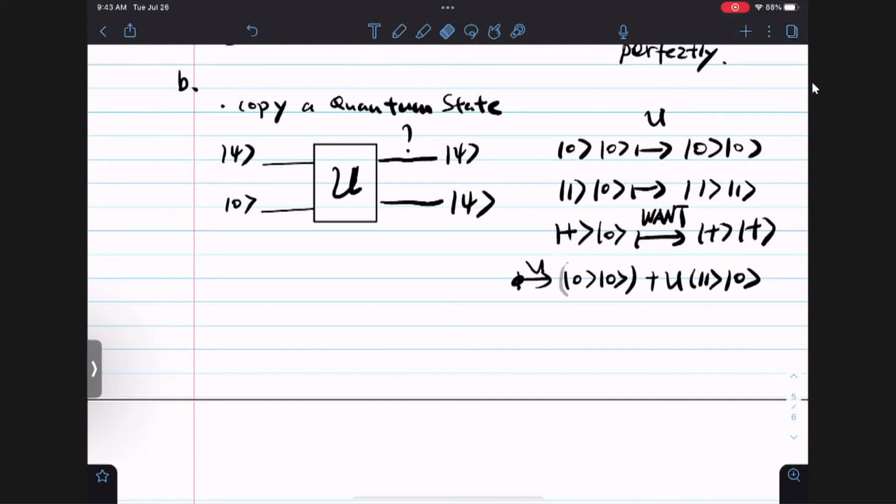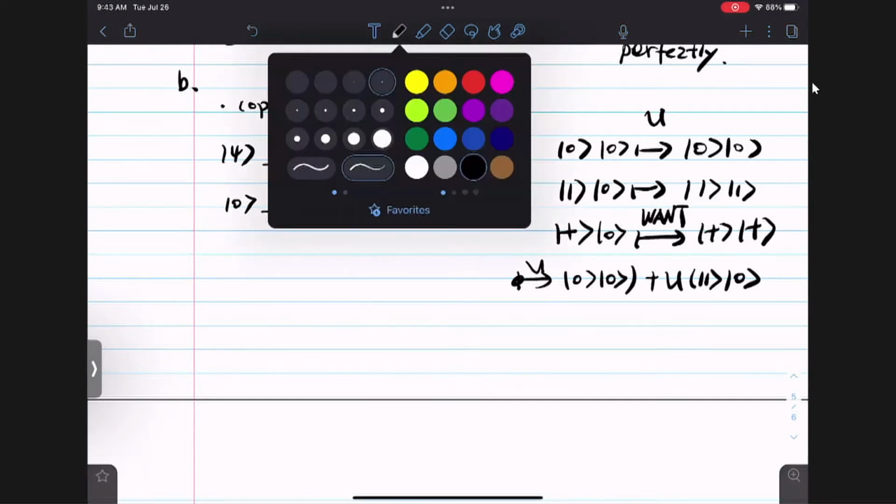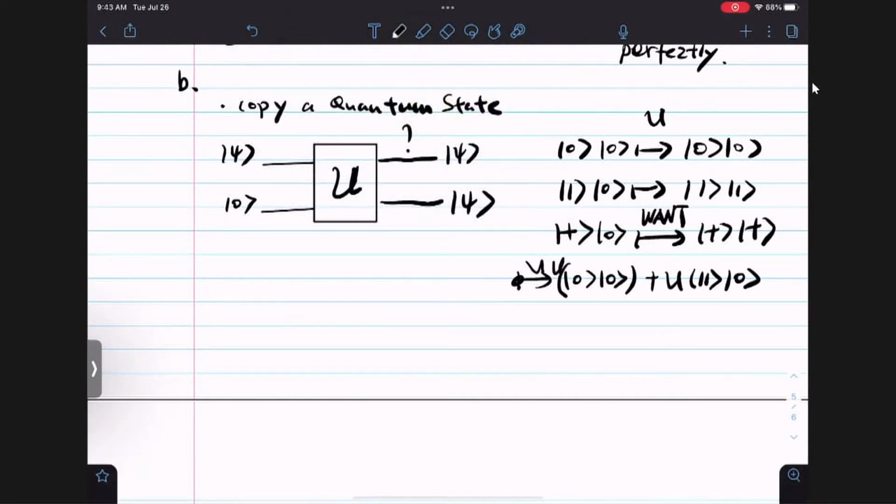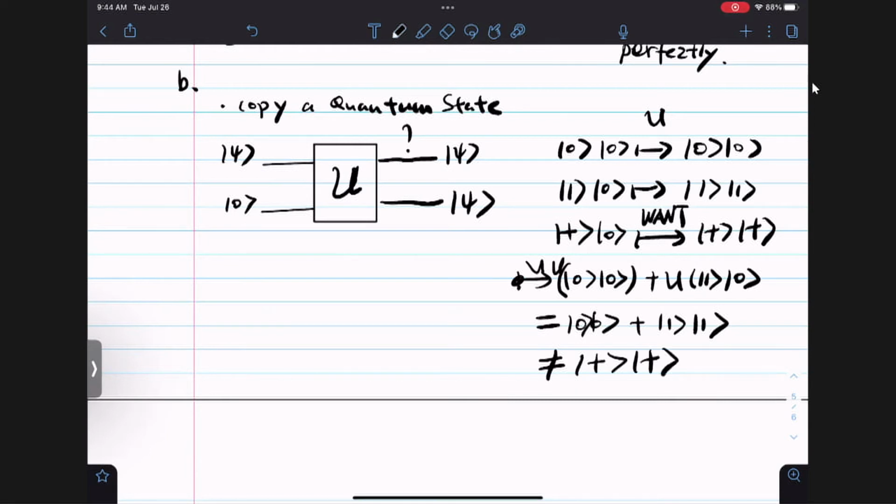Again, by linearity, we just need to apply U to each component. So this produces 0, 0, and 1, 1, the EPR pair, right? This is not going to be 2 copies of K plus. So this already indicates there's some problem.